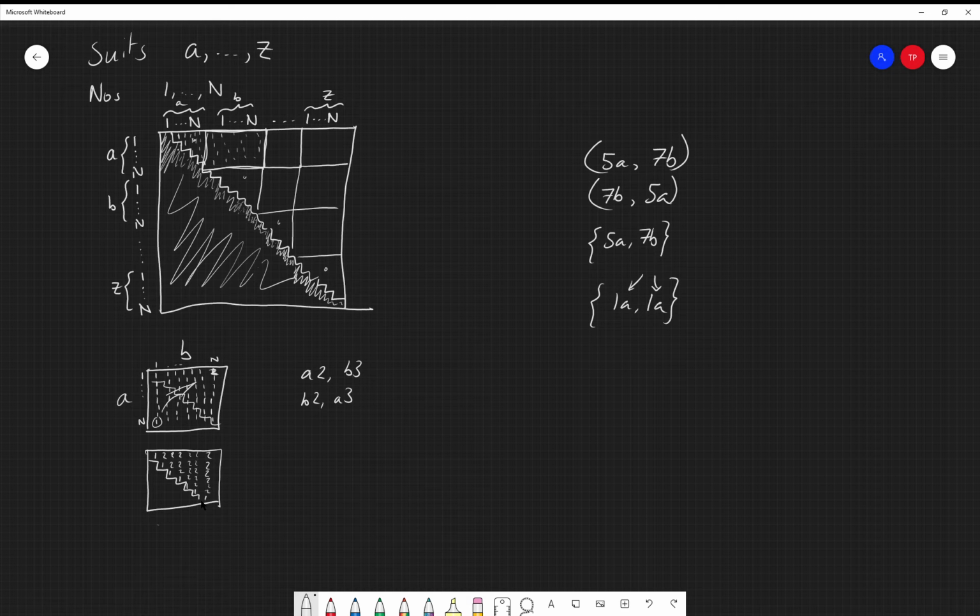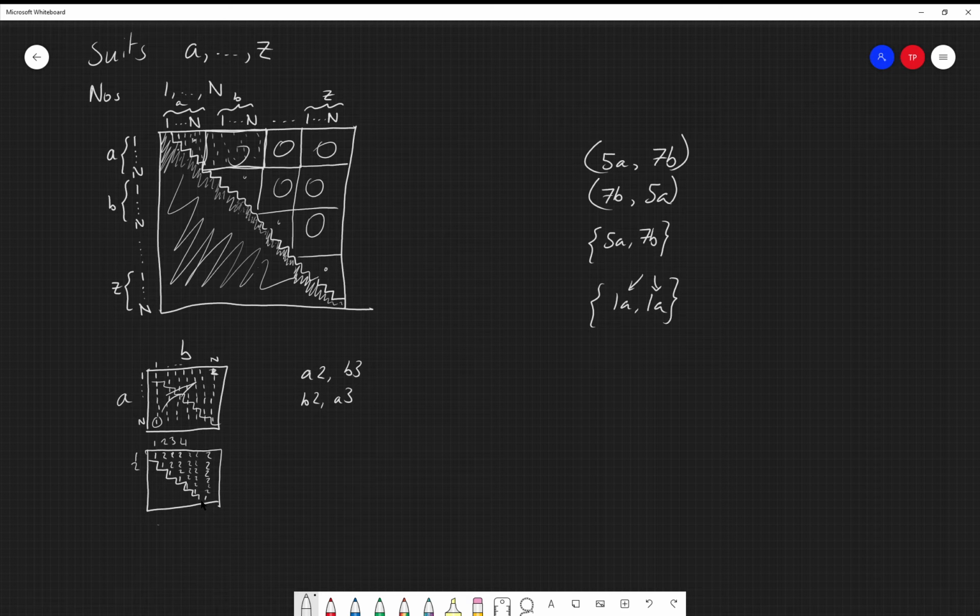And now that we've done that, we can consider all of these. So this one, this one, this one, this one, this one. These are all in that format where we know that the number of 1 1 pairs is 1, the number of 1 2 pairs is 2, the number of 1 3 pairs is 2, the number of 1 4, and so on.